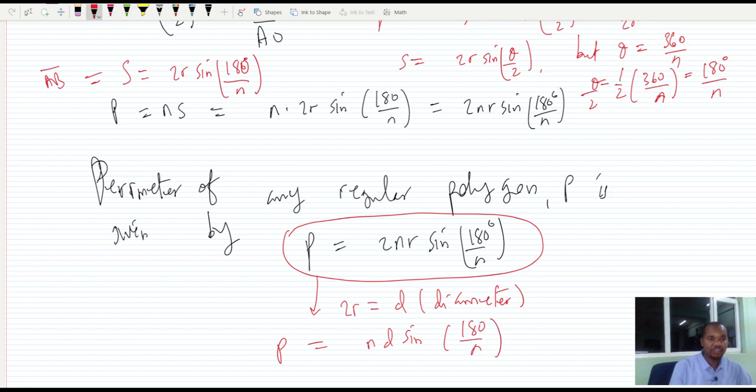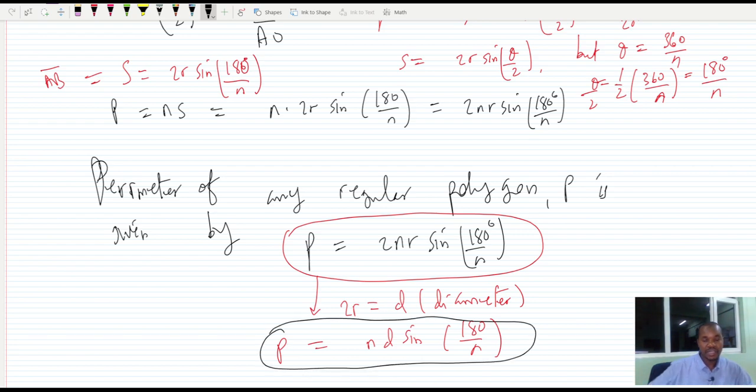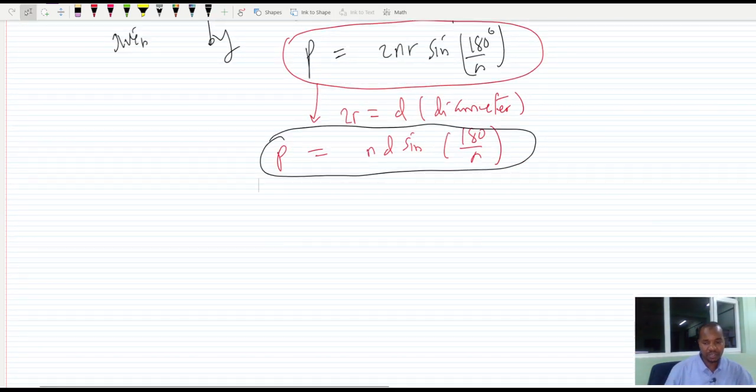This is just another formula we might use to find the perimeter of a regular polygon inscribed in a circle. So this is how we derive the formula for the perimeter of a regular polygon.